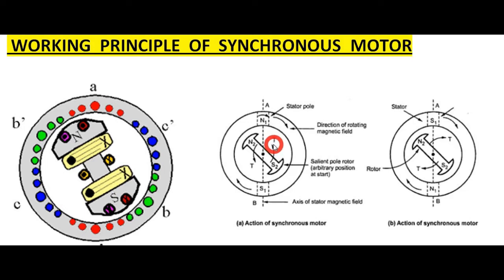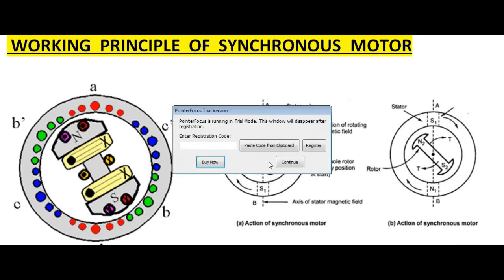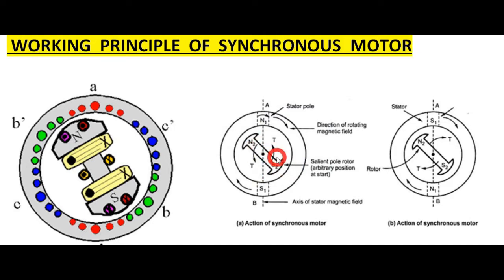The arbitrary positions of the rotor poles N2 and S2 are shown. At this instant the rotor is stationary. Unlike poles will try to attract each other.